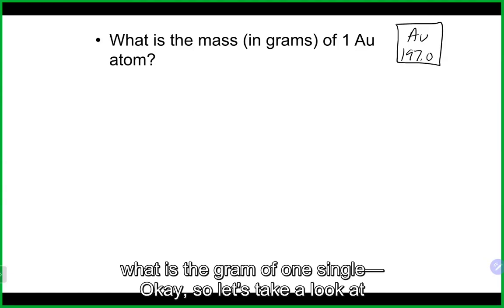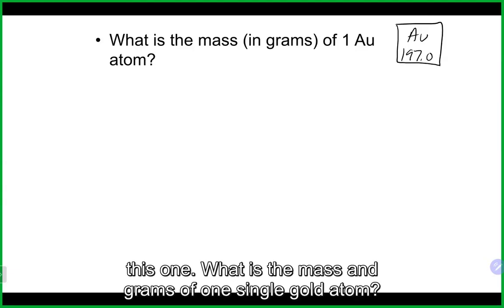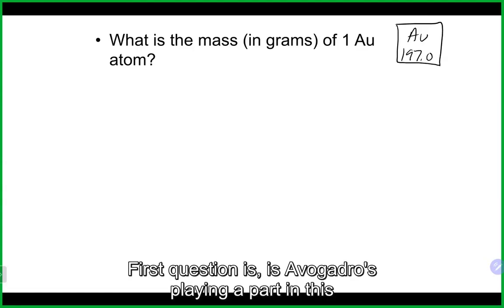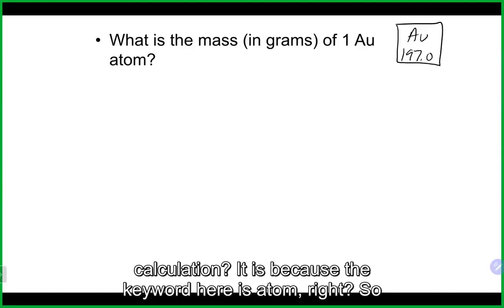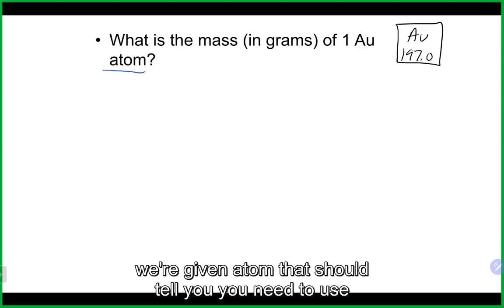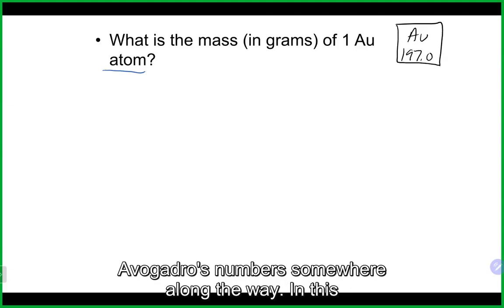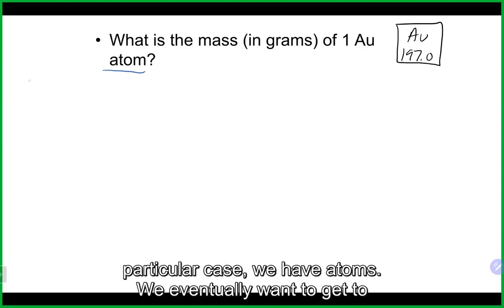Okay, so let's take a look at this one. What is the mass in grams of one single gold atom? First question: is Avogadro's number playing a part in this calculation? It is, because the key word here is atom, right? We're given atom. That should tell you you need to use Avogadro's number somewhere along the way. We have atoms, and we eventually want to get to grams.